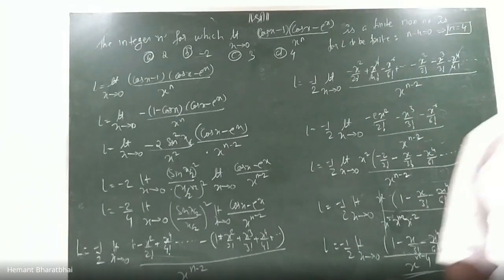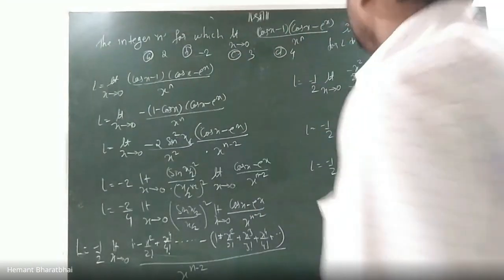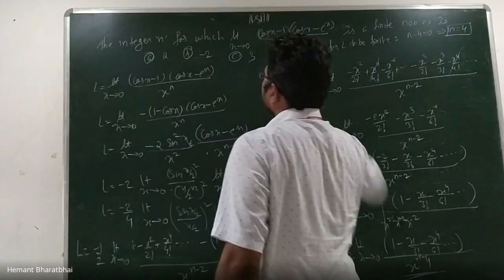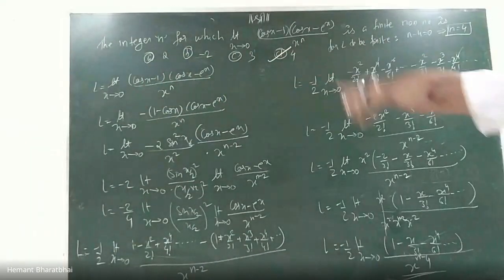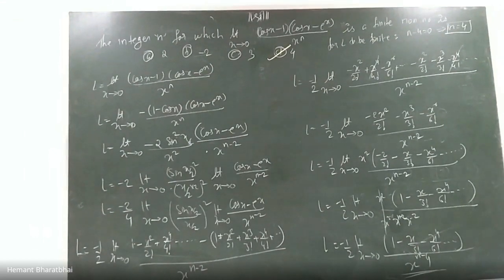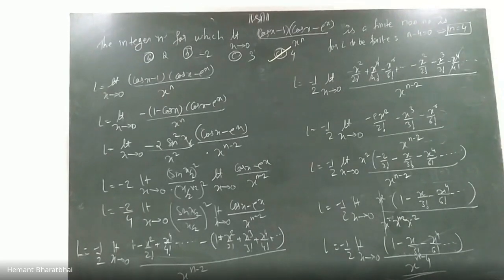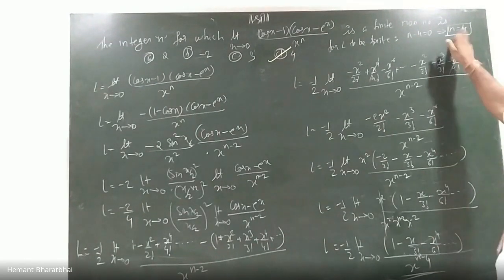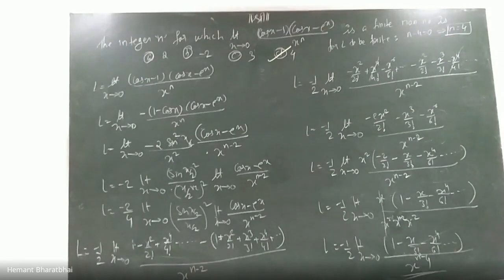So my answer is n should be equal to 2. The question is asking for the integer n for which this gives a finite, non-zero solution. I hope you have understood.